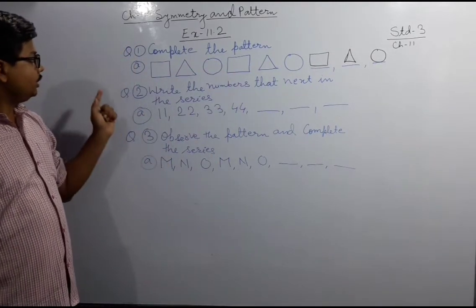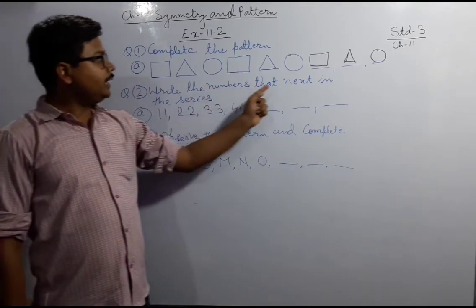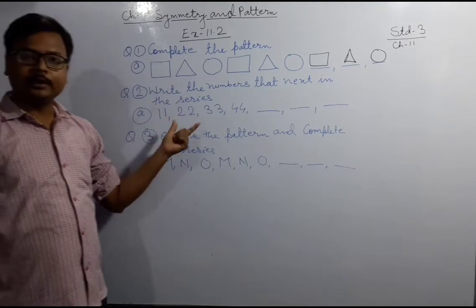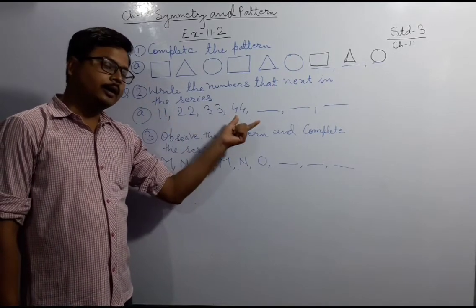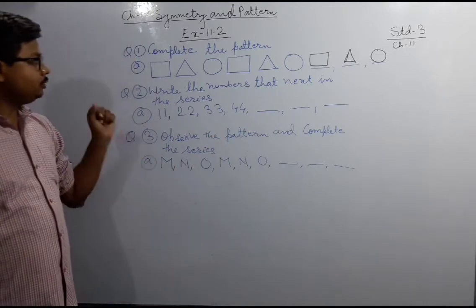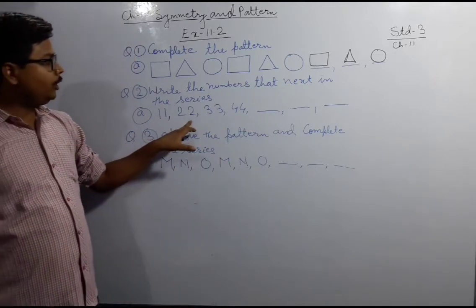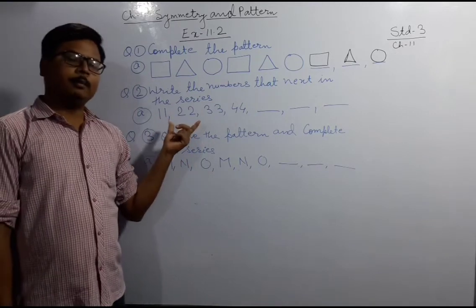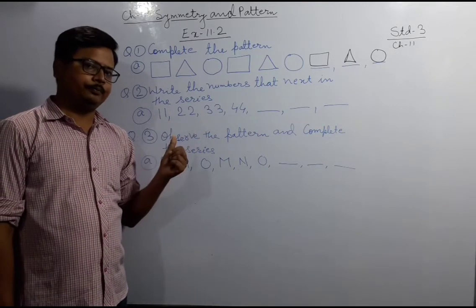Now come to question number 2. Write the numbers that come next in the series. This is a kind of series, and you have to find the next numbers which will come in the series. As you can see here, 11, 22, 33, 44. By seeing this pattern, what do you observe?